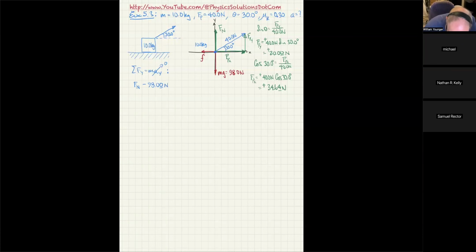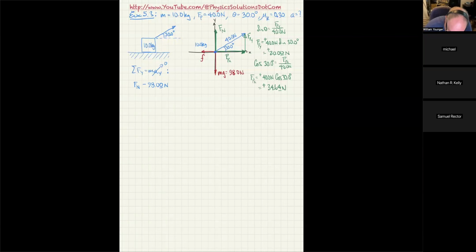98.00 newtons. And now, in addition to that, we have this component of force right here, a y component of the F sub p, and that's acting in the same way as the normal force. So that actually relieves the normal force, or the surface, from having to do quite as much, or having to put up so much force.